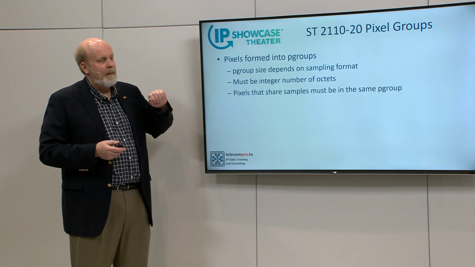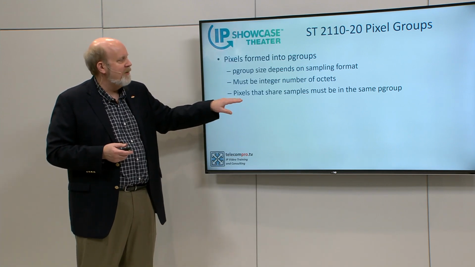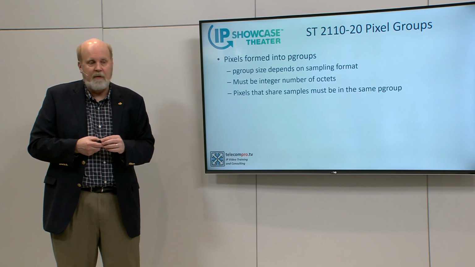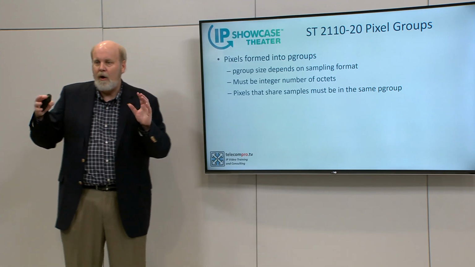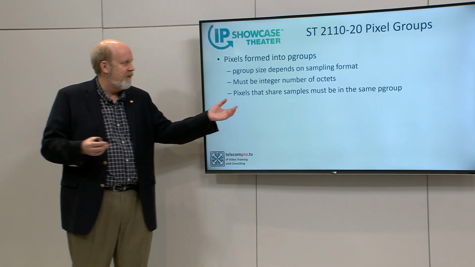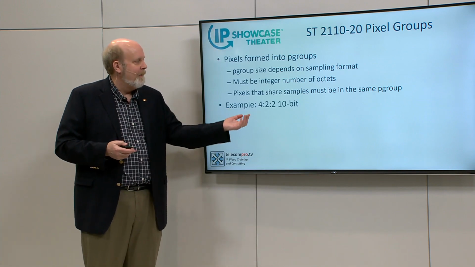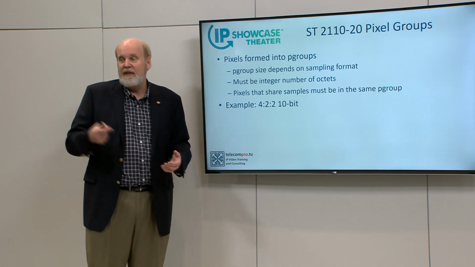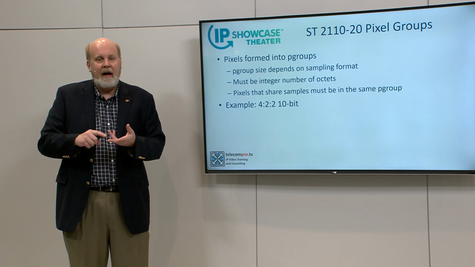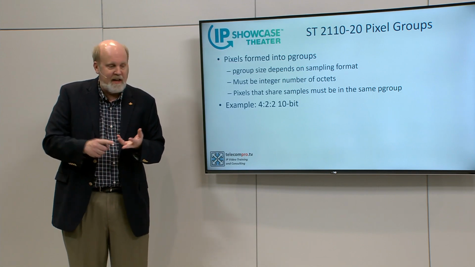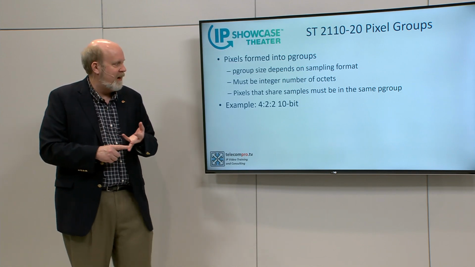The other rule about a P group is that pixels that share the same samples must be in the same P group. Now, we're not here to have a whole discussion about color science, but a very common format is 422 10-bit. That's what we use for SDI. That's what we use for HD SDI. That's what we use for 3G SDI.